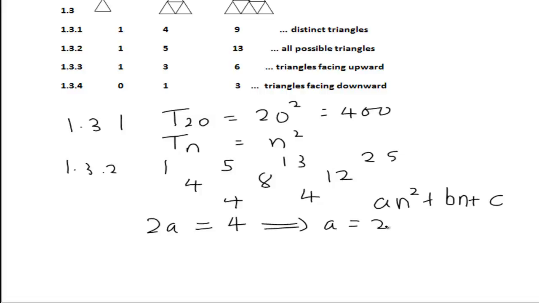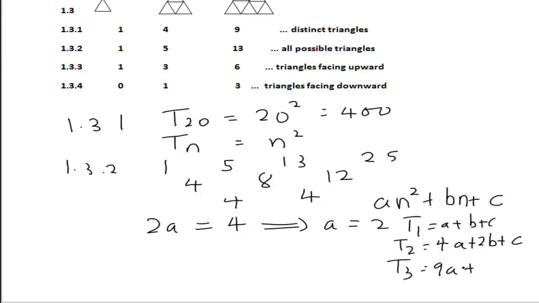You'll find when I told you to take T1, T2, T3, T1 is equal to A plus B plus C. T2 is equal to 4A plus 2B plus C. And T3 is 9A plus 3B plus C.